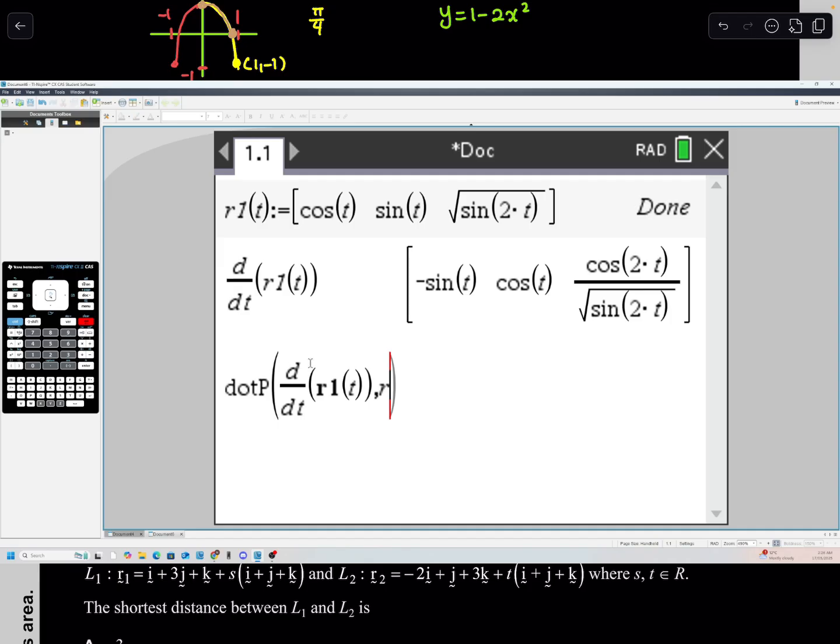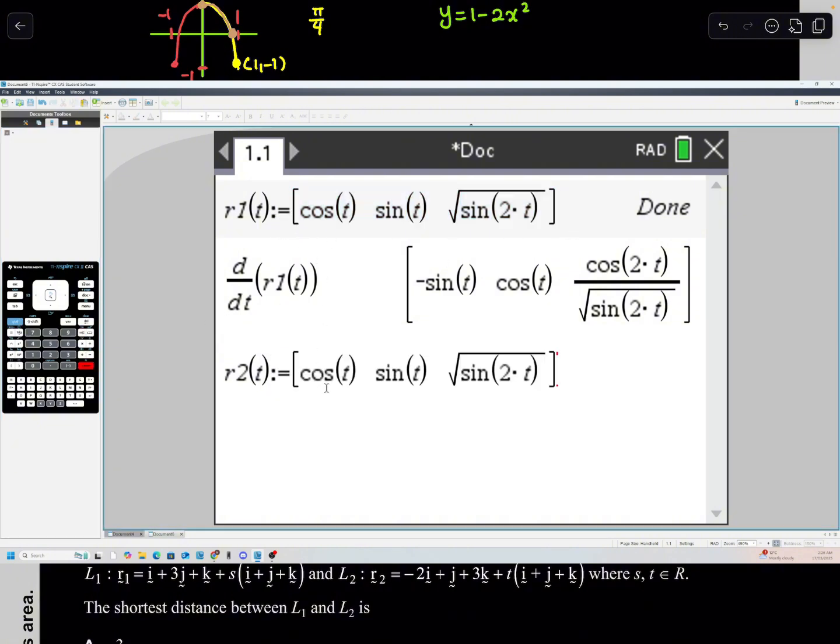And I have not defined r2 of t, damn! R2 of t, which I'm just going to kind of copy. Now this is sine, the other one's cos, and the other one is sine 2t. So the same thing, basically.